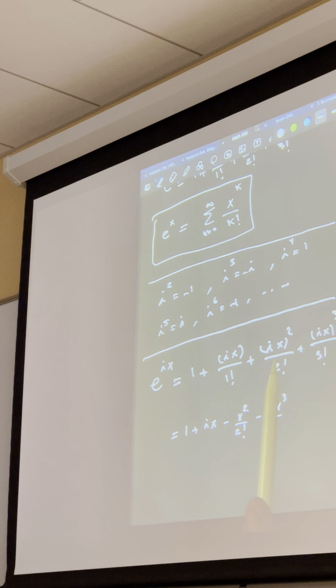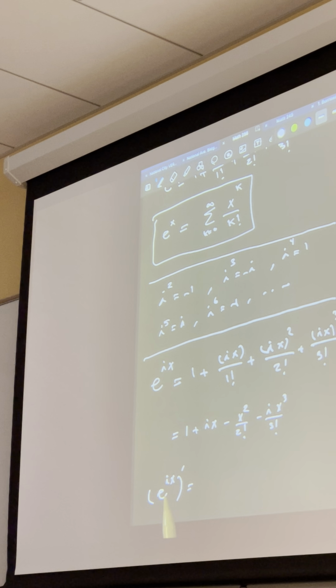Because if you take the first derivative of e to the power of ix, an i will come down. And it would be then e to the power of ix, but at the point 0, so it would be just i. The second derivative would be like you're doing this twice, so you just have an i squared.